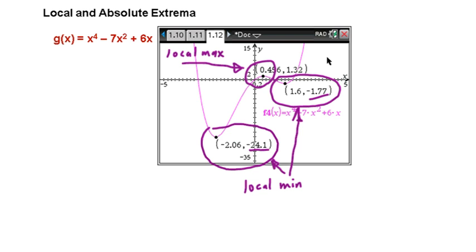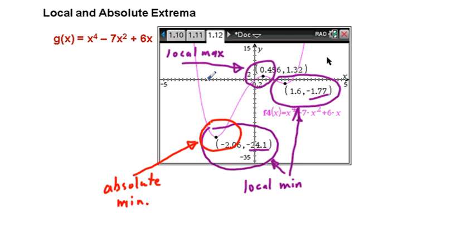Now it so happens that this one right here that I'm circling again in red is also what we call an absolute minimum, because it is not only a local valley, but it's the lowest of the lowest valleys of the whole thing. And so that's an absolute minimum.